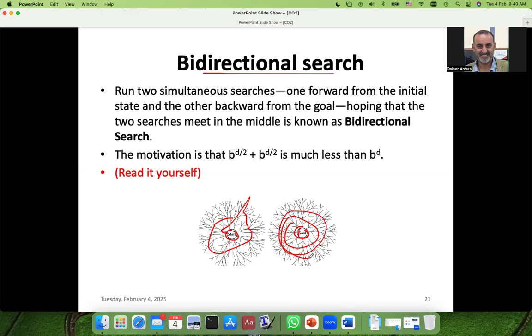And then we will combine these 2 searches at some common point. These 2 searches will meet with each other at some common branch of this tree.